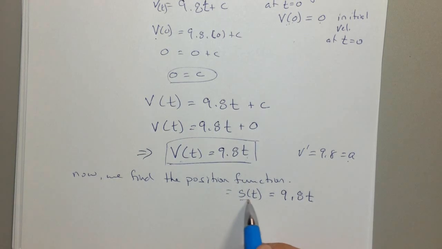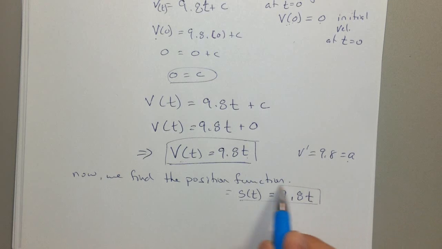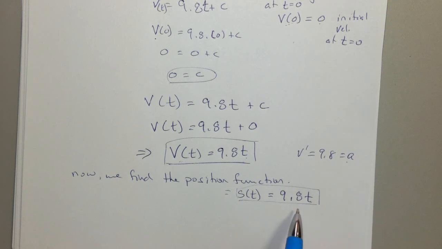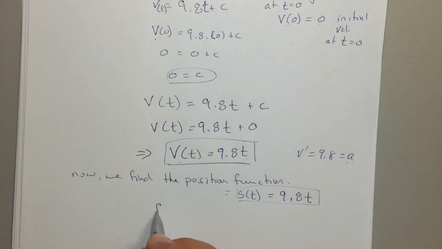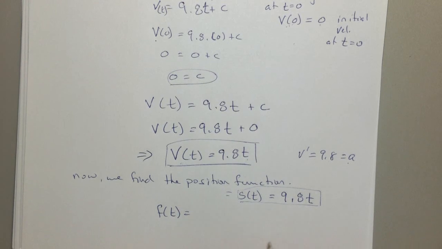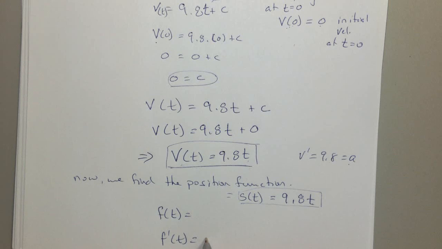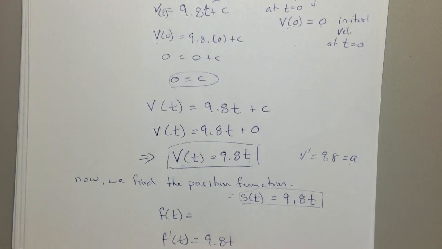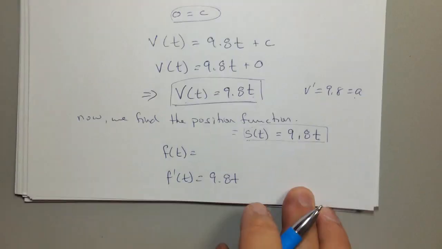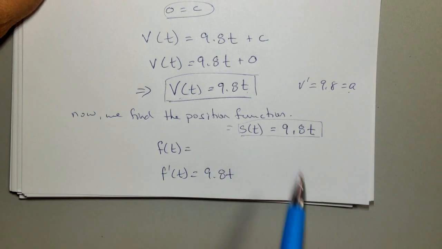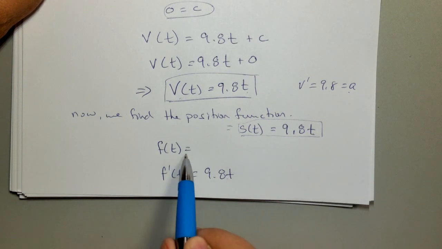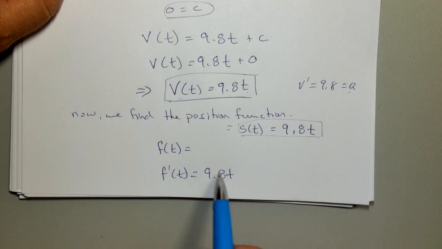Now, this is the same thing as our first derivative. So we have to figure out a function whose first derivative will equal 9.8 t. The derivative is 9.8 t. So what does this have to be originally?